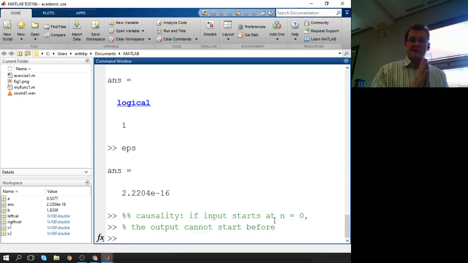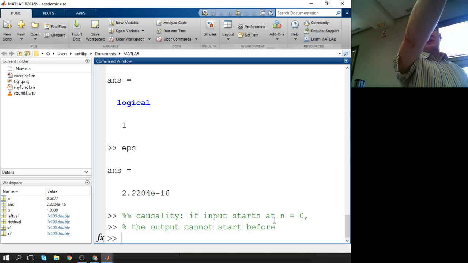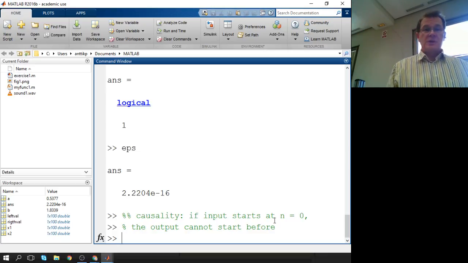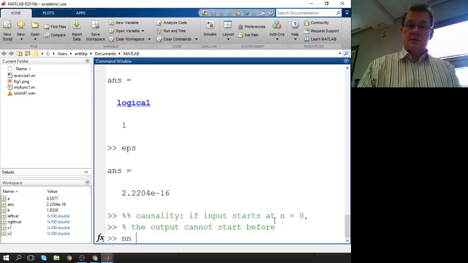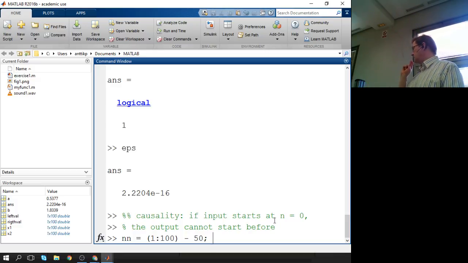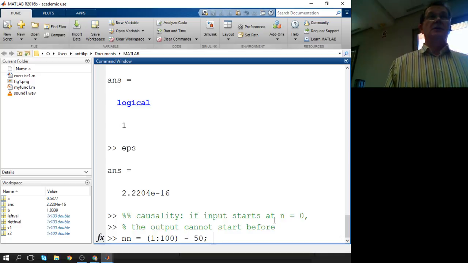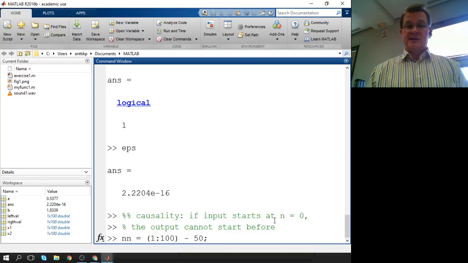And for that one, this index is actually what we need to take a closer look at. So we start by creating an index vector. So let me do 1 to 100, but then why not change it so that it actually starts somewhere in the middle. 1 to 100 gives you 100 data points, the same amount as in our x.